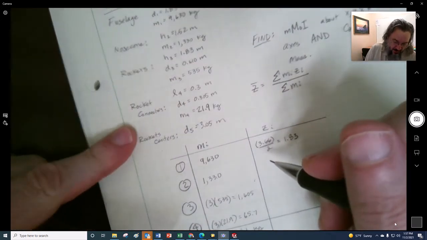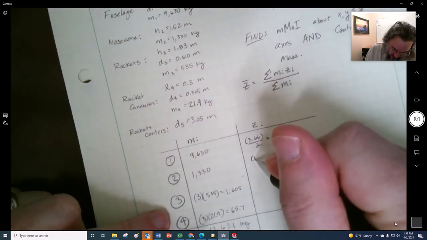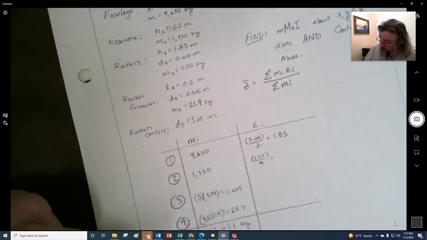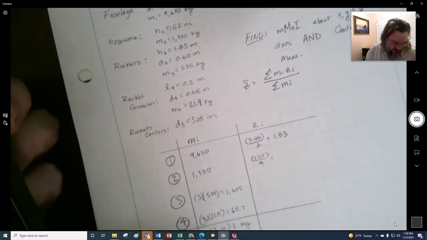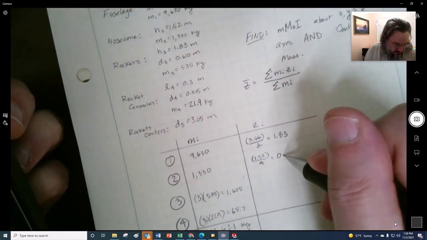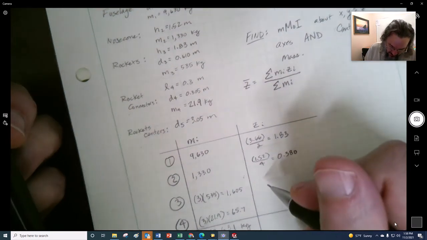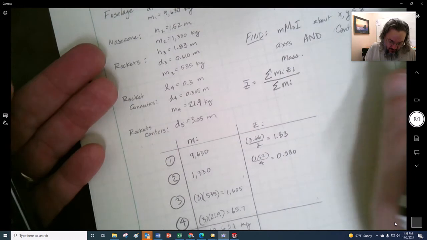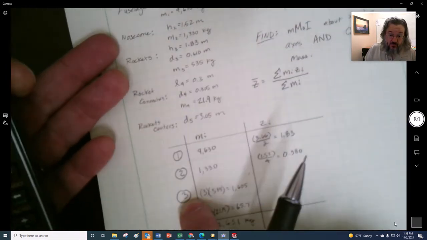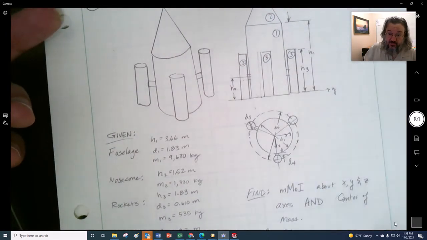h/4. Okay, so the height of this thing was 1.52. So let's take 1.52 and divide it by 4, and it almost seems like we should speed up this whole thing. I should erase all the gaps because it takes far too long. 0.38. I'll go through sig figs, and let's see, three for this one. We should have the half of h3, which is the same thing as h4.